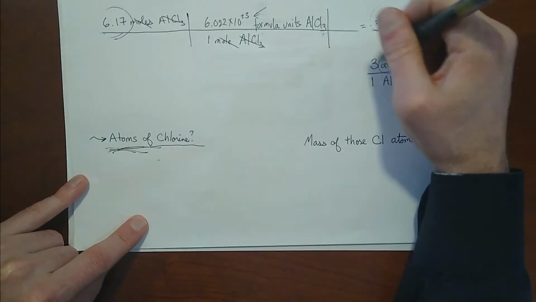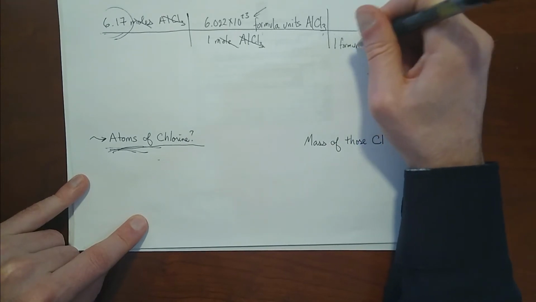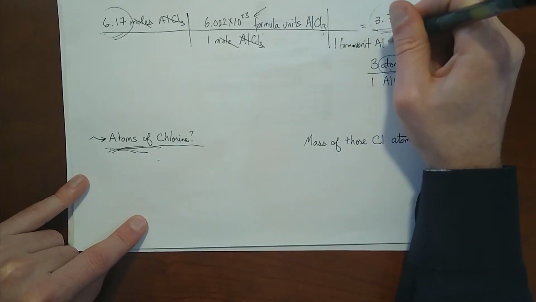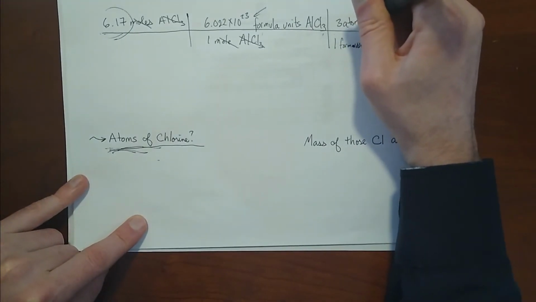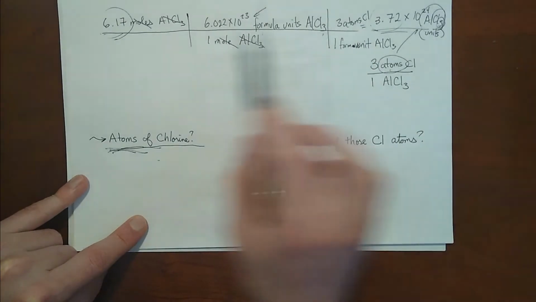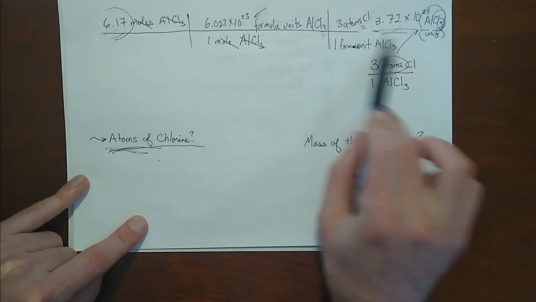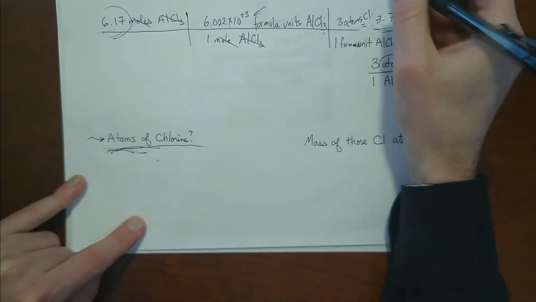So if I have 1 formula unit, there are 3 atoms of chlorine in it. So in this many moles, there are so many formula units, and if I do one more conversion, then I can find out how many atoms of chlorine there are in that many formula units.